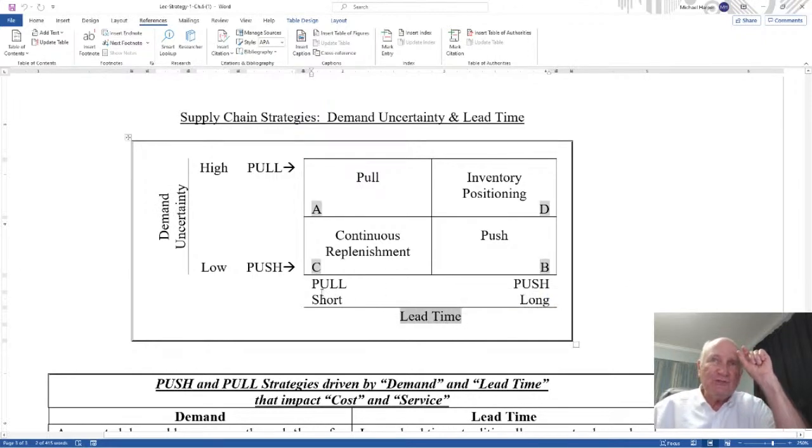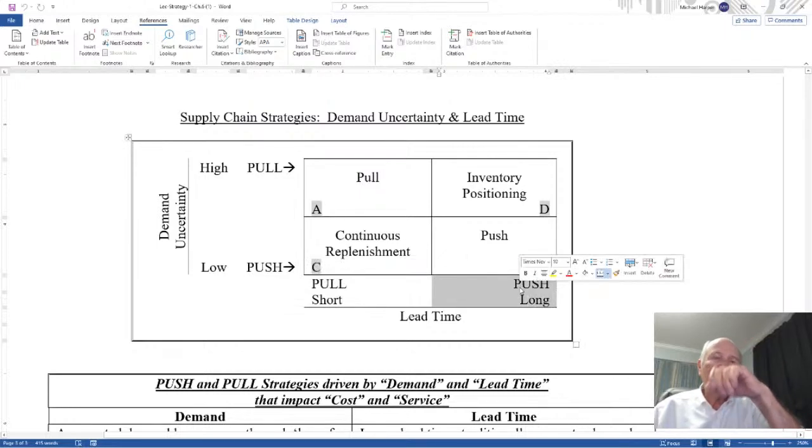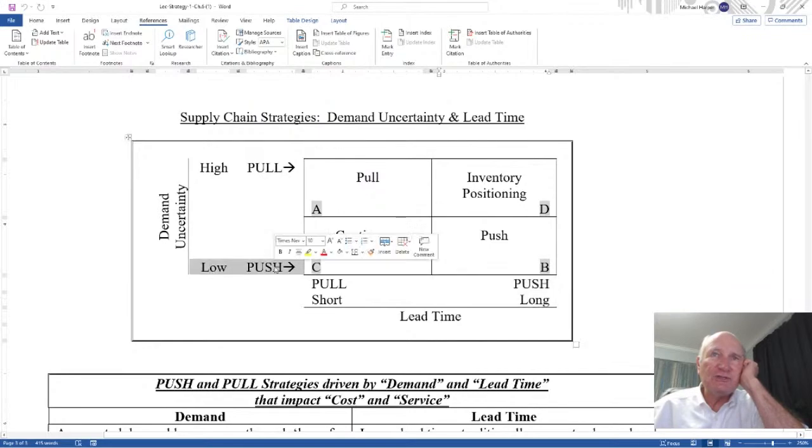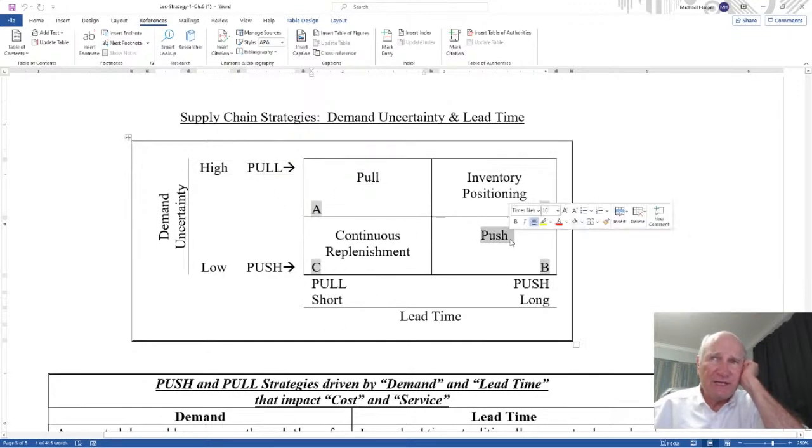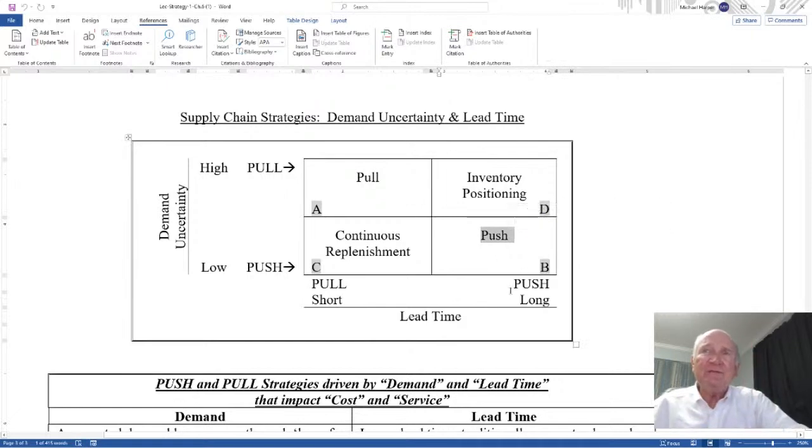Short lead times is usually pull. Long lead times is push. Low uncertainty is push. High uncertainty is pull. So naturally, this is definitely pull. This is definitely push. But what happens if you have long lead times?